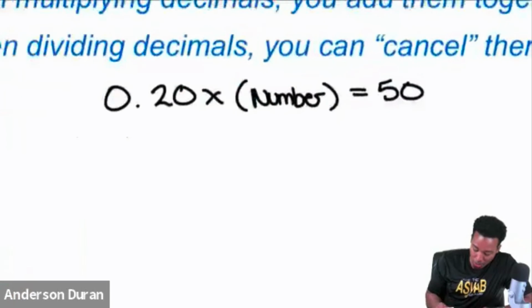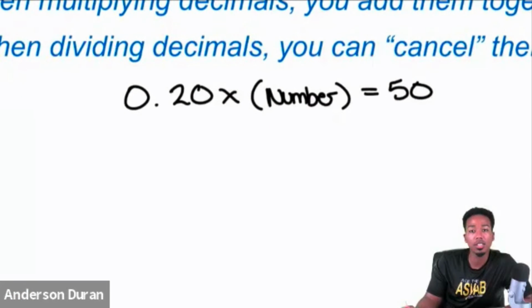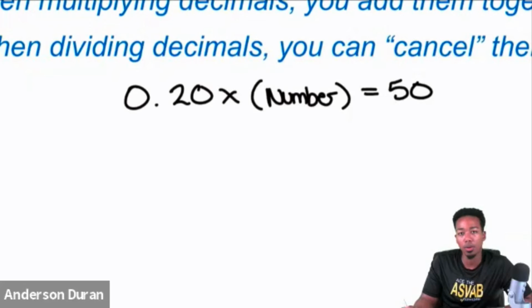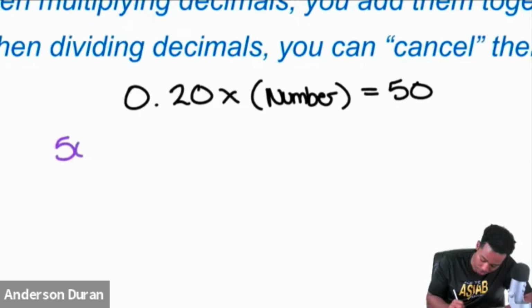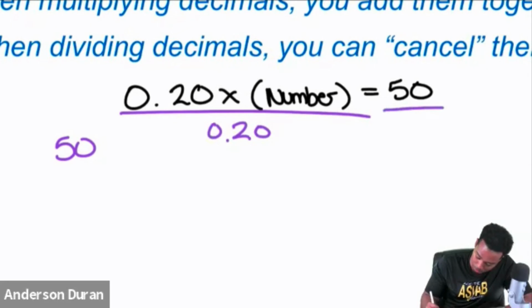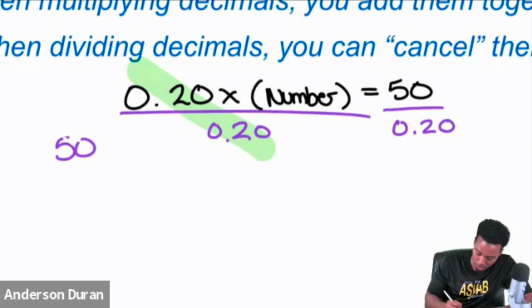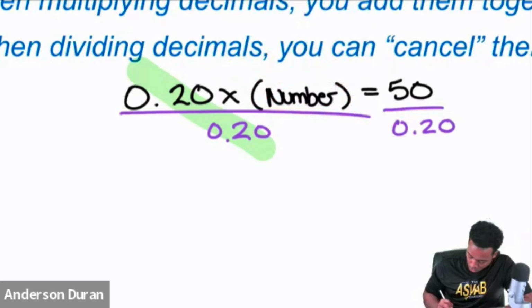We have 0.20 times that number equals 50. Everybody, what do we have to do to both sides of this equation to solve this? We already said it. To work backwards, we divide. Exactly. So we're going to divide both sides by that 0.20, to get rid of it on the left side and to get our original number.